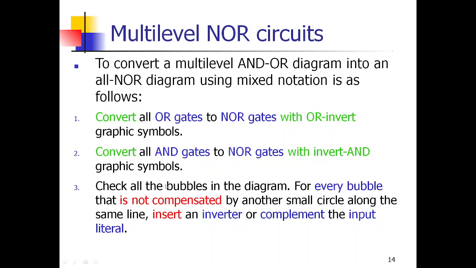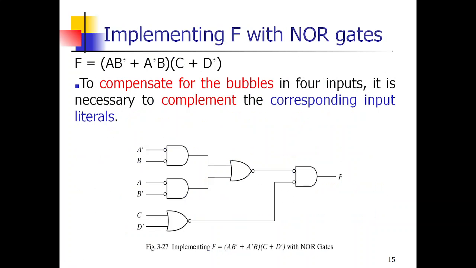Then we have to check all the bubbles in the diagram. For every bubble that is not compensated by another small circle along the same line, we can either insert an inverter or complement the input literal, so that the whole AND OR diagram can be converted to a NOR diagram. So this is an implementation of NOR gate.